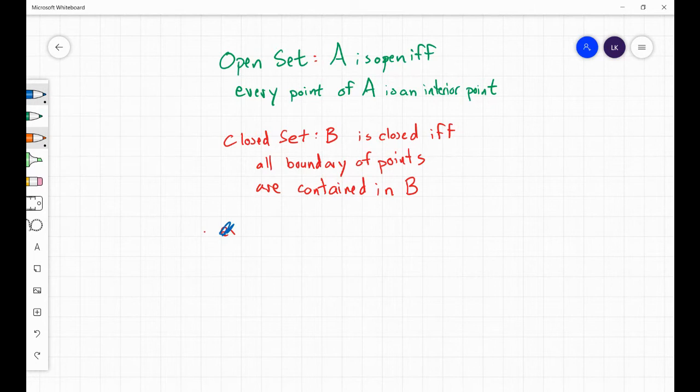So an example: the universal set, or if you'd like, Rn, let's say R2, is both closed and open. In particular, if the domain of a function is all of Rn, so if the function is defined for all possible inputs, then that domain is both closed and open.